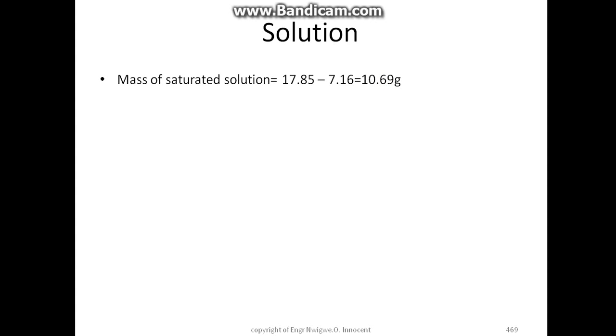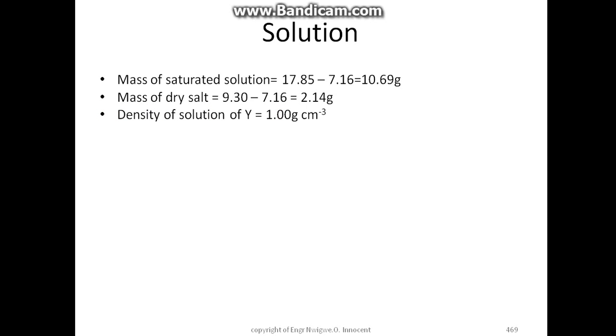Solution. Mass of saturated solution is equal to 17.85 minus 7.16, giving us 10.69 gram. Mass of dry salt equals 9.30 minus 7.16, giving us 2.14 gram. Density of solution of Y equals 1.00 gram per cm cube. Volume of solution of Y equals 10.69 cm cube.